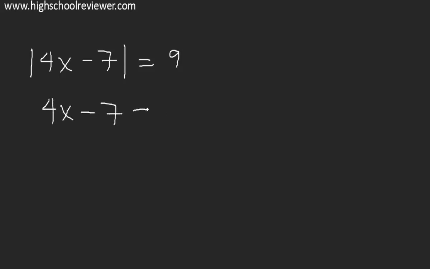Another problem. So we have here the absolute value of 4x minus 7 is equal to positive 9. Taking the absolute sign, we have 4x minus 7 equals positive 9. And this can also be 4x minus 7 equals negative 9.